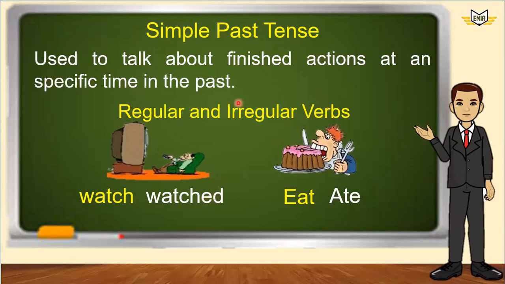And irregular verbs are the ones that take the past form in a different way. Irregular verbs have a different spelling in present and in past. There are some verbs that have the same spelling, but they continue being irregular verbs.